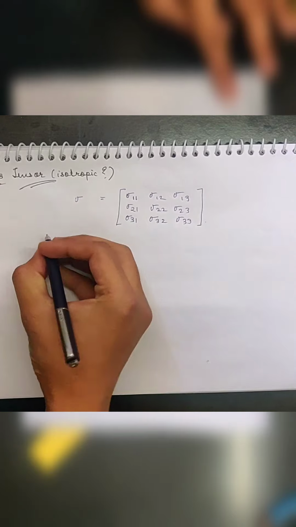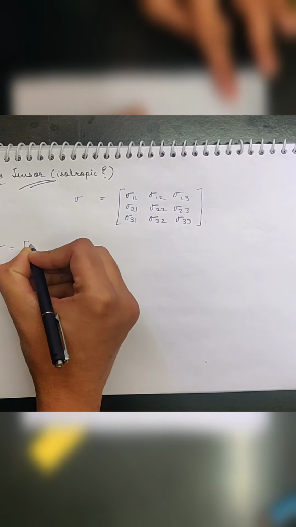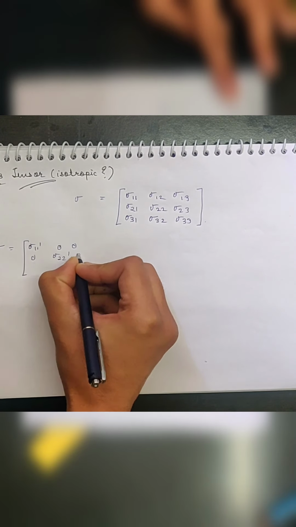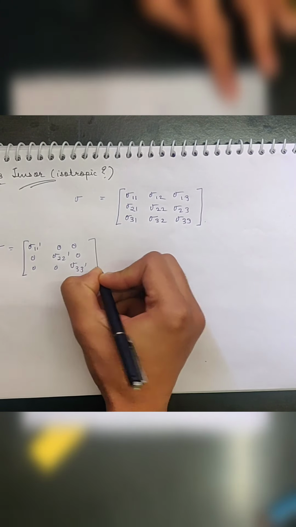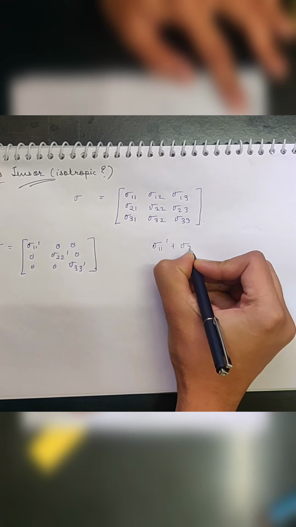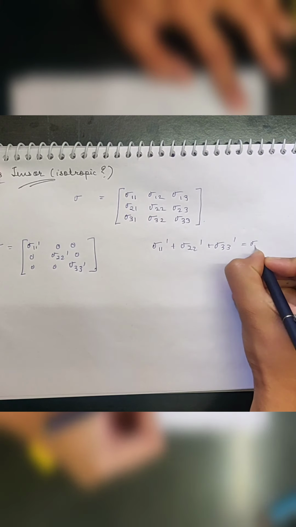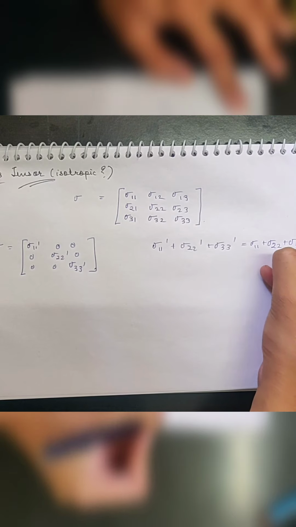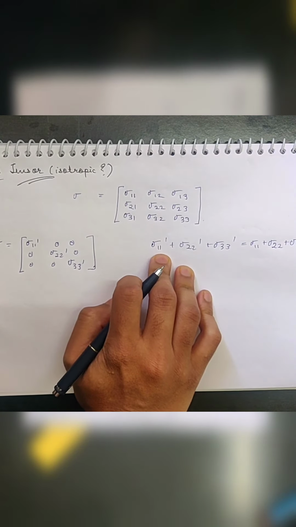So the stress tensor simplifies to sigma 11 dash, sigma 22 dash and sigma 33 dash, with the property that sigma 11 dash plus sigma 22 dash plus sigma 33 dash is equal to sigma 11 plus sigma 22 plus sigma 33. So these are the principal stresses acting.